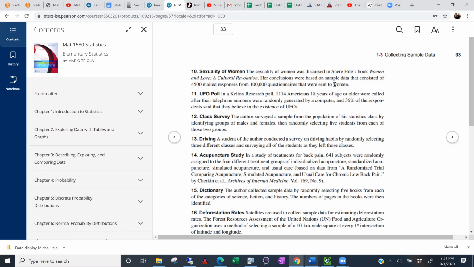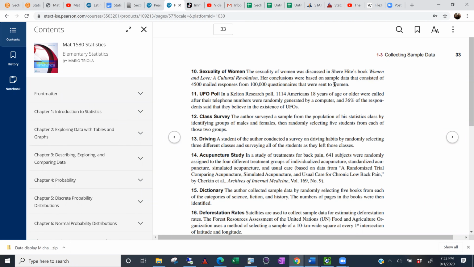What about clusters? Do they target a bunch of clusters here with these women? No. All right, so we can eliminate those two. Is it systematic in some way that we can see? No, not really. So we're getting down to random sample and convenience sample.